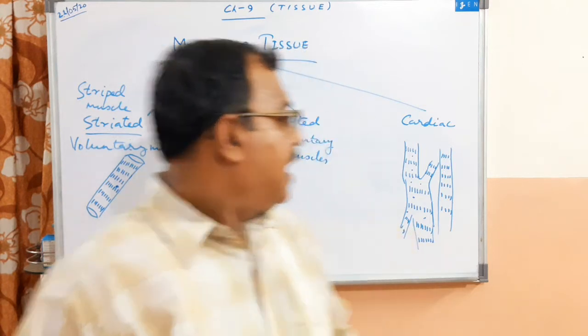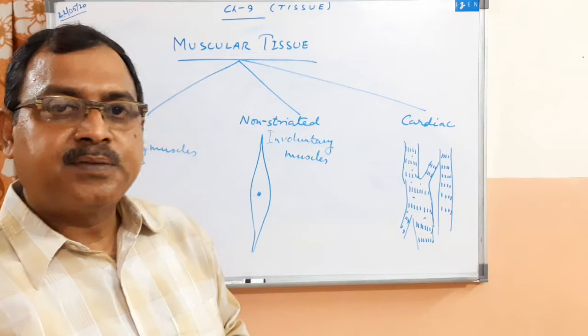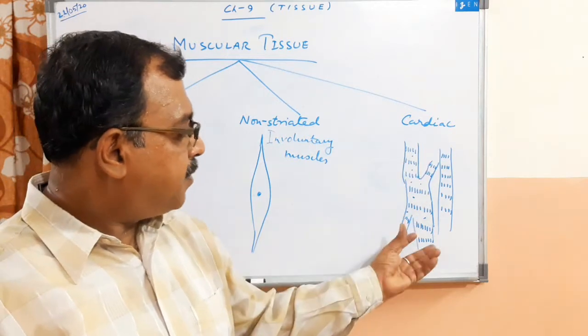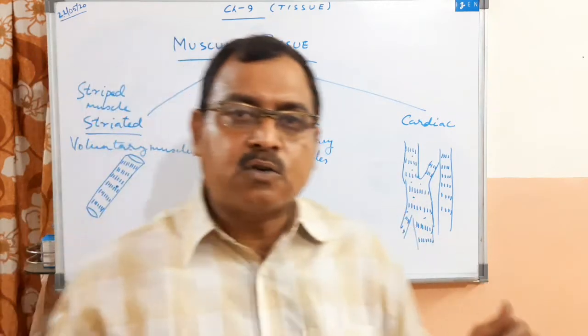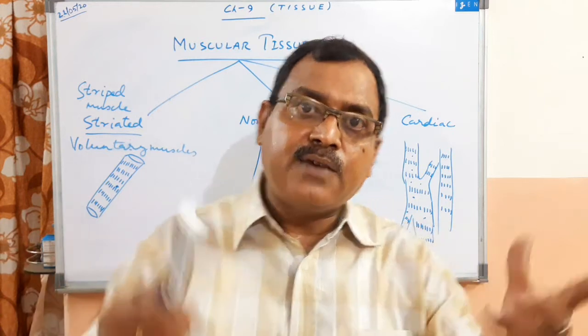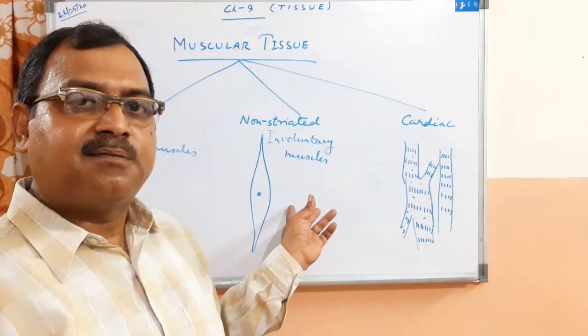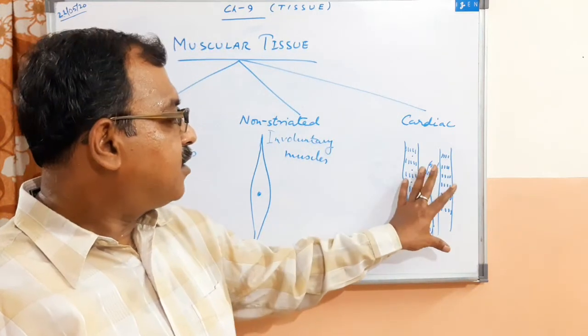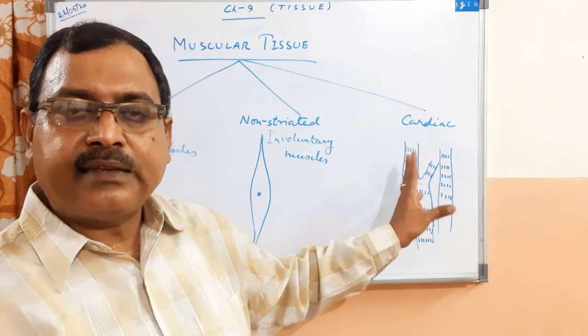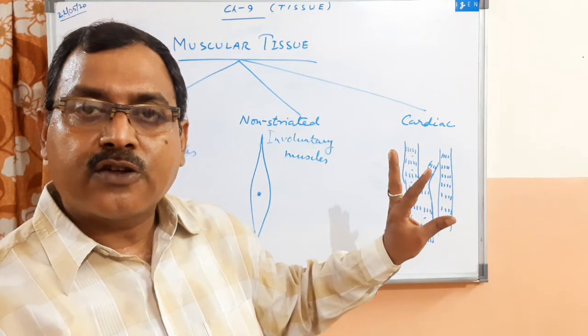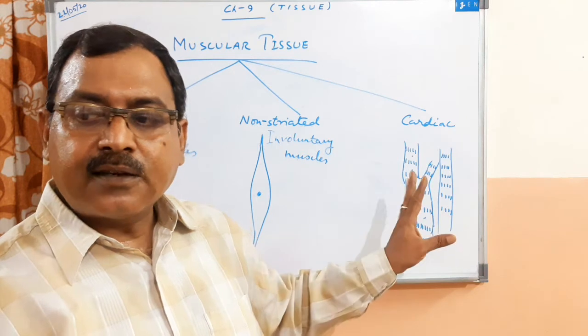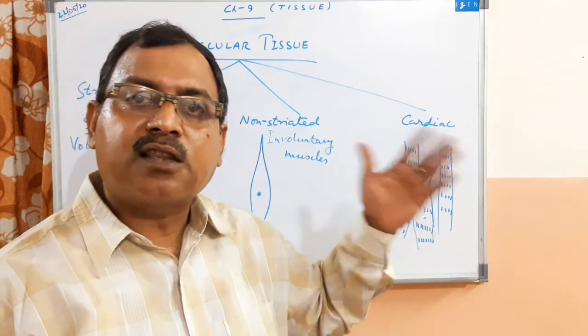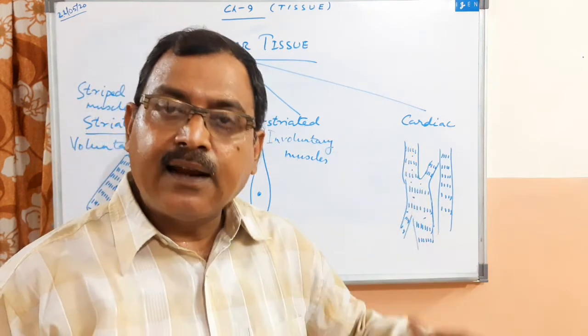Clear? Lastly, cardiac muscle. Its shape and structure are quite similar to voluntary muscle, but its behavior is like involuntary muscle. You cannot change its shape or size as per our own wish. Cardiac muscle is working continuously from birth till death.